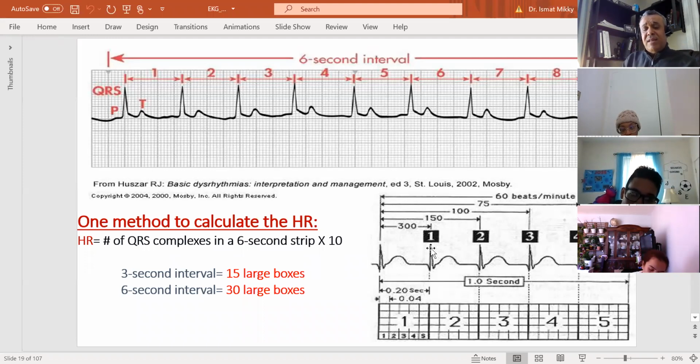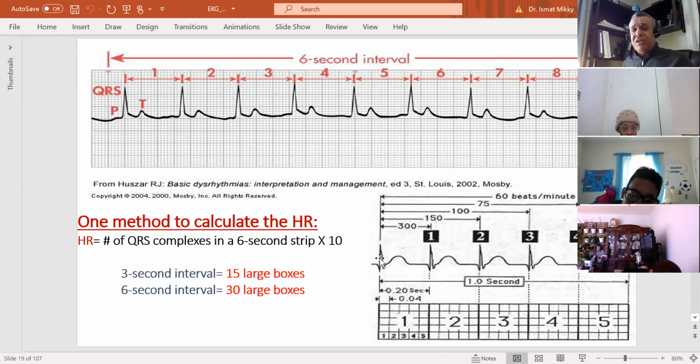So anytime you find that the R wave is closer to the next R wave, then that will be tachycardia. As the R wave is spaced farther from another R wave, the rate is slower.